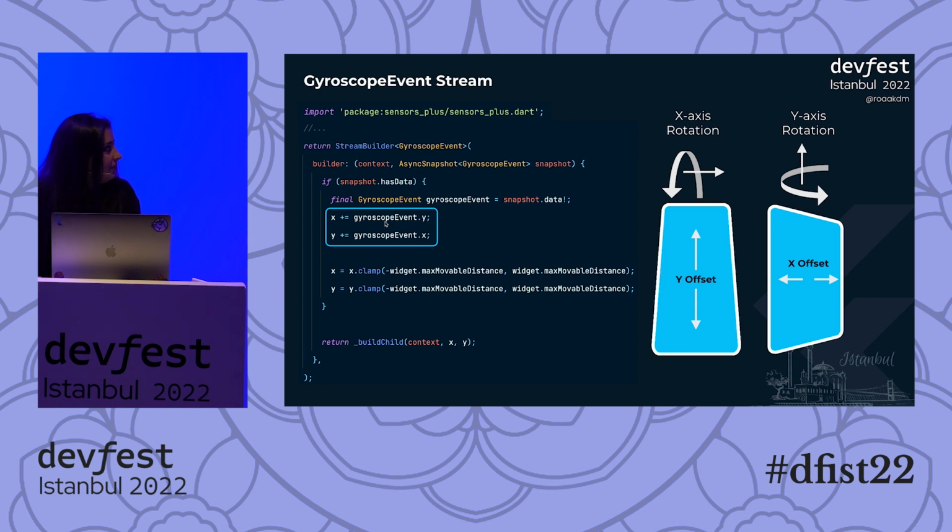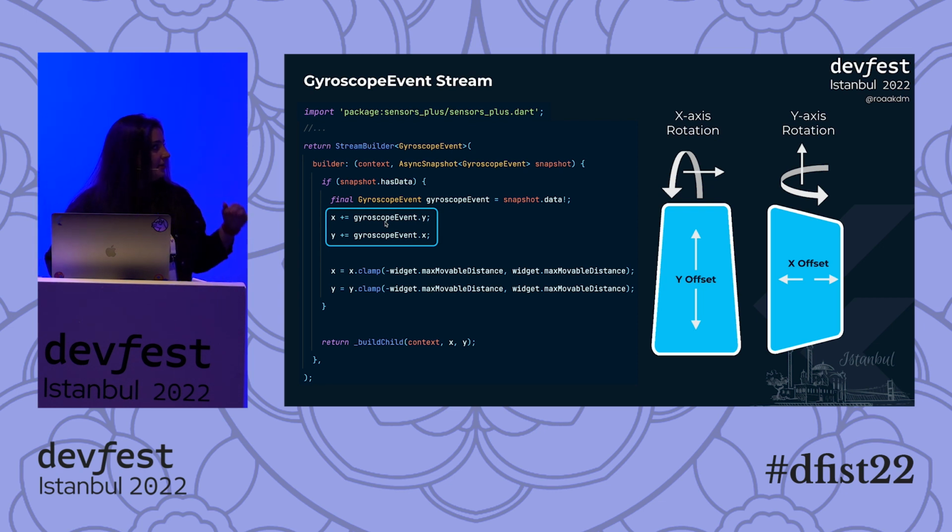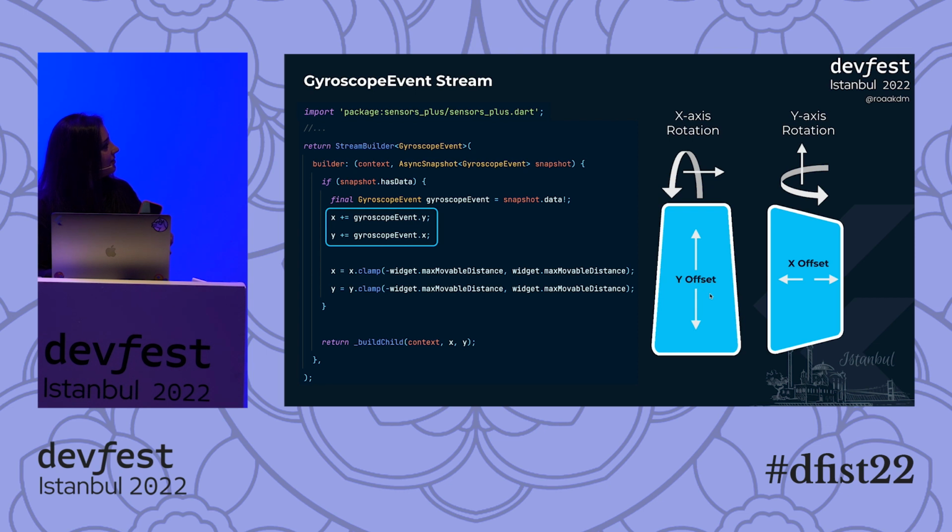It gives you a stream that listens to the X, Y, and Z axes of the rotation. Here we only care about the X and Y axes. So when the phone rotates around the X axis, I want to change the Y offset. And when it rotates around the Y axis, I want to change the X offset. So this is why they are reversed here.